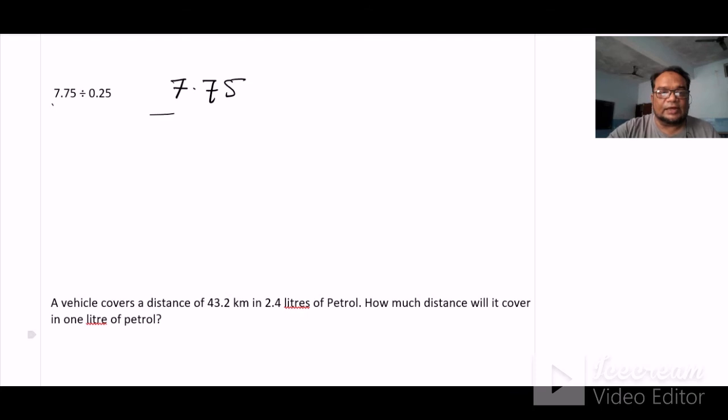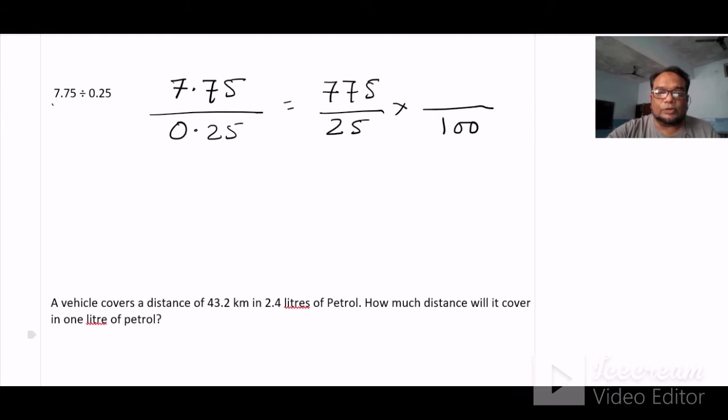7.75 divided by 0.25. So the first step is cancellation of the decimal. So we can cancel the decimal. Here in the numerator after the decimal there are 2 digits, so put two zeros here in the denominator, and in the denominator there are 2 decimals, so put 2 zeros in the numerator here.